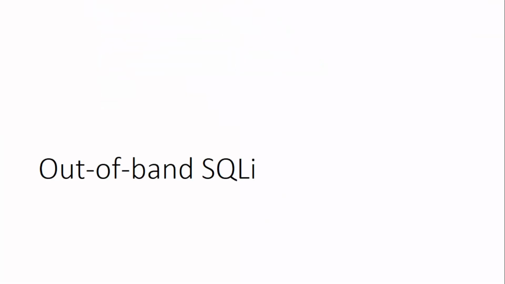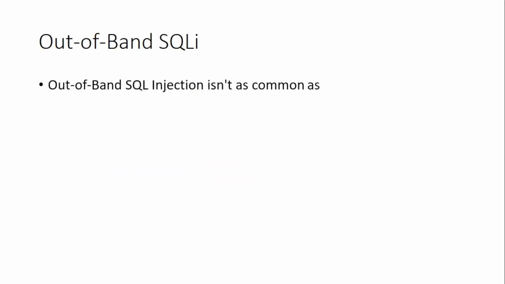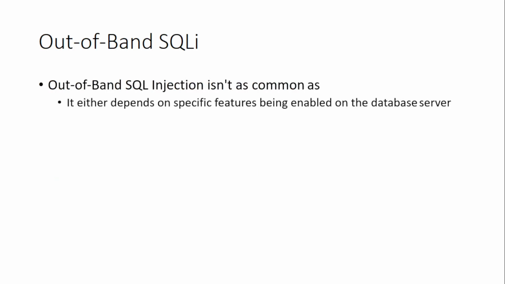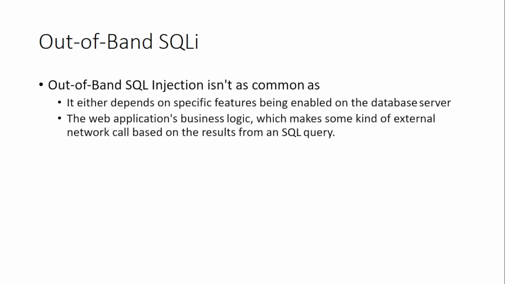And the last one that we'll talk about today is out-of-band SQL injection. An out-of-band SQL injection isn't as common, as it either depends on a specific feature being enabled on the database server or the web application business logic, which makes some kind of external network call based on the results from an SQL query.